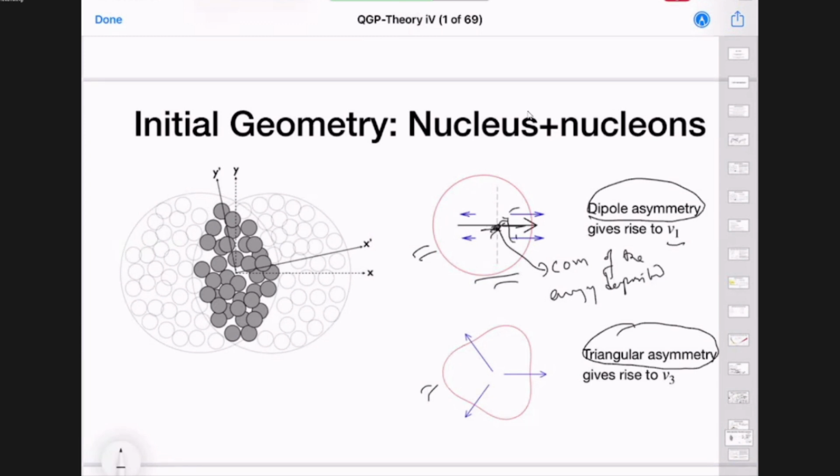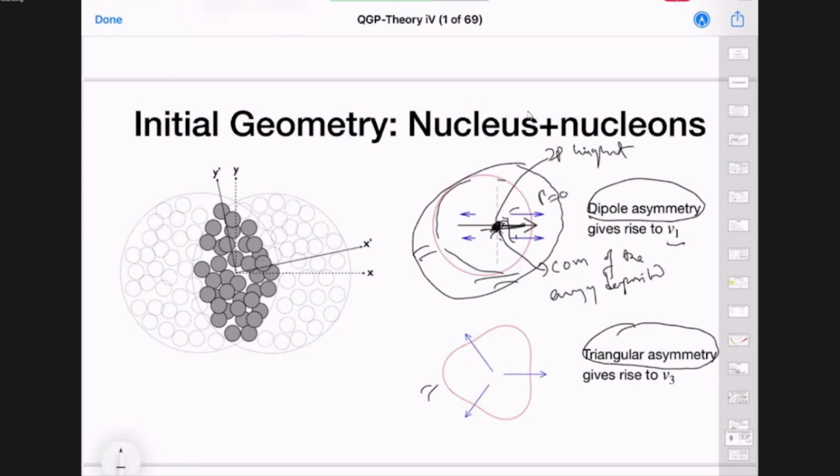Hence you can think like here there is more. Outside you see this is vacuum, right? Whereas the red contour here represents the overlap region, and this one is, say, the point of highest entropy deposition. So when it is thermalized, this is the point where the pressure is highest, and outside let's say the pressure is 0.